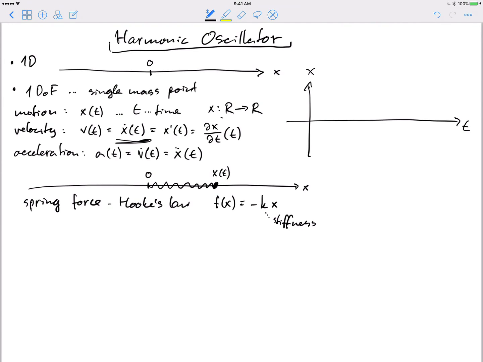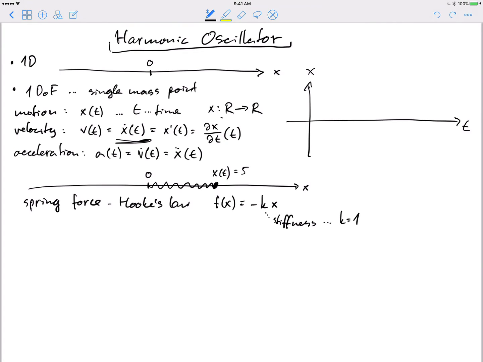And let's just not make things more complicated. Let's say that the stiffness k is 1, just to keep the formulas easy to work out. So intuitively, it makes sense, right? If the point is here, let's say x of t equals, I don't know, 5, then the force will be minus 5, which means the force acts in the opposite direction, pushing it back to the origin. That's why the minus is there. The minus is important.